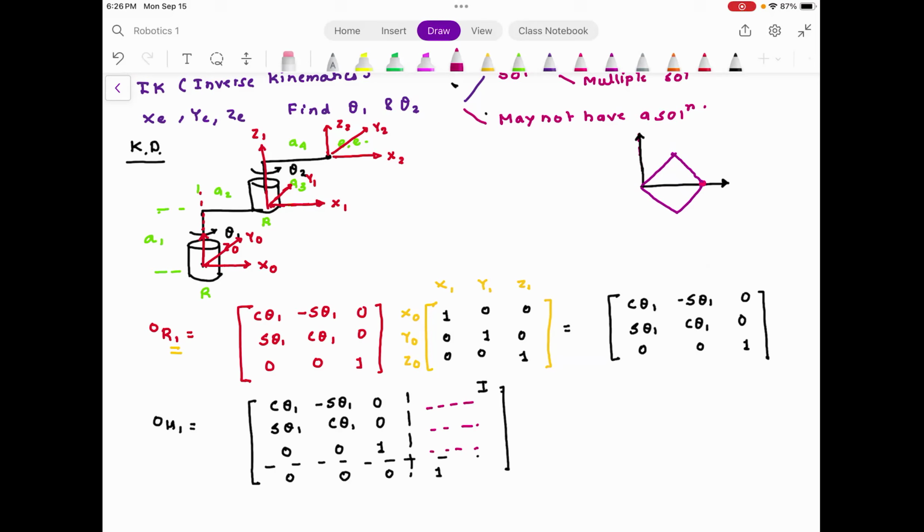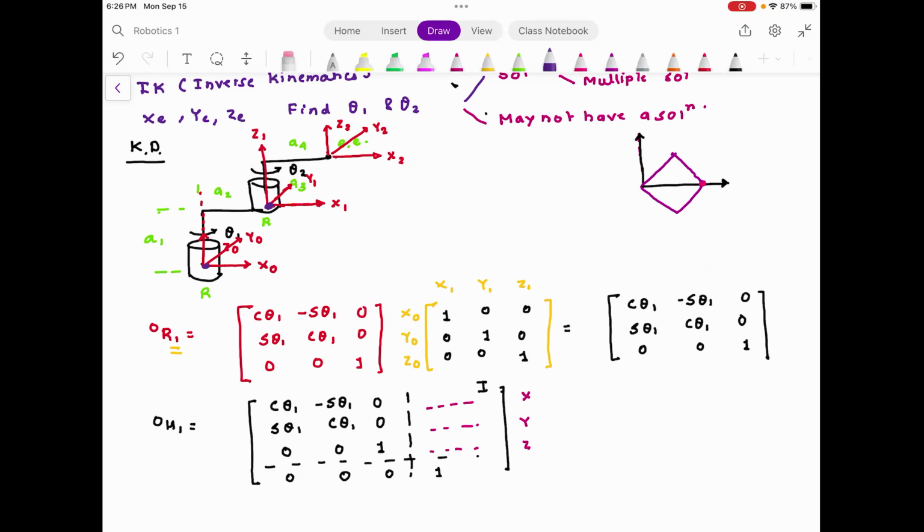Now, remember, this belongs to X, this belongs to Y, this belongs to Z. So this is the relationship between the first frame and the 0th frame along the old frame, or along the 0th frame. So please note the distance between the second frame and the first frame along X0.